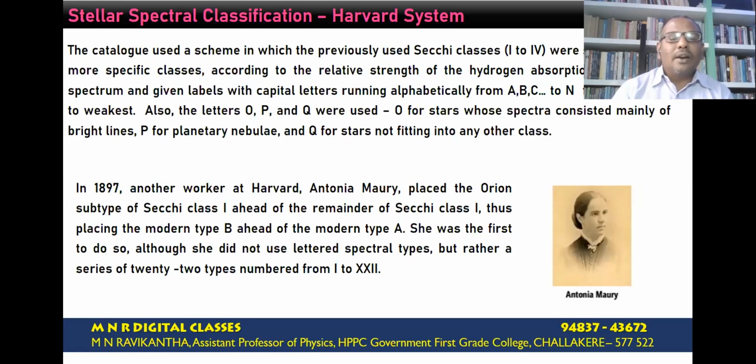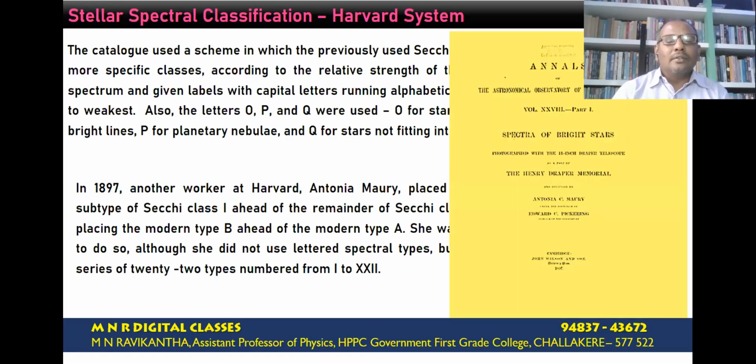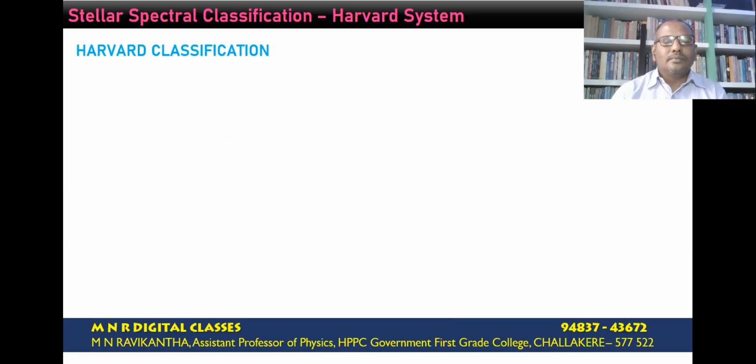Antonia Maury modified Pickering's spectral classification and rearranged it suitably, and these spectral classes were grouped into 1 to 22 types in Roman numerals. This modification of the Pickering classification by Antonia Maury was published in 1901.